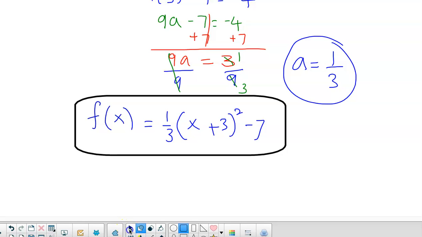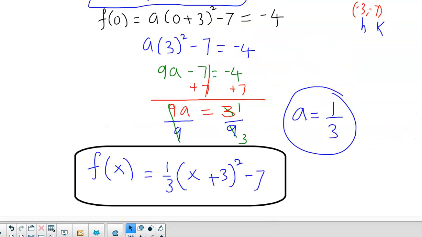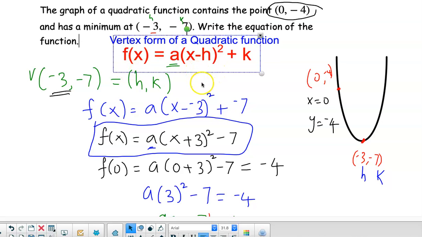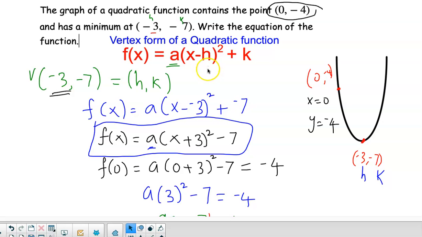So how did we do it? Let me go back and revisit. This is the vertex form of a quadratic function. In this function, I substituted the values of h and k from -3 and -7, because that is the minimum here, and it is the vertex. Now you are left with only the unknown value of a.